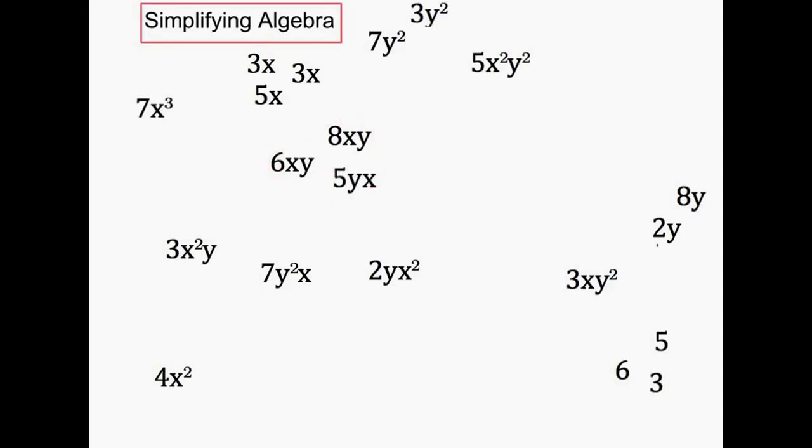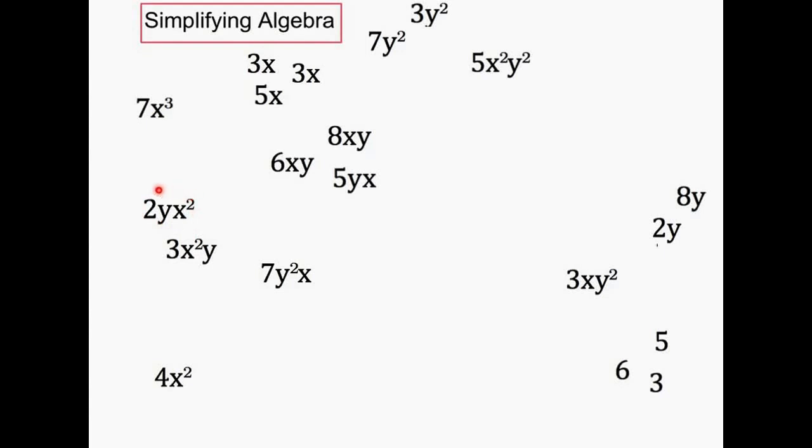Next, let's pick this one here. This is 3x squared times y. So 3 times x times x times y. Let's see if there's anything else that is alike to that. So this one here has y squared and not x squared. This one here will be alike. It has 2 lots of y times x times x.